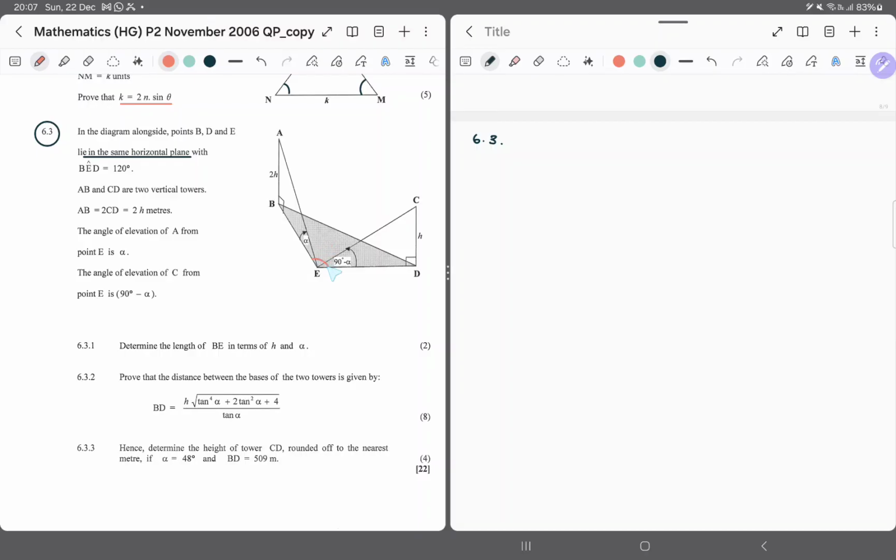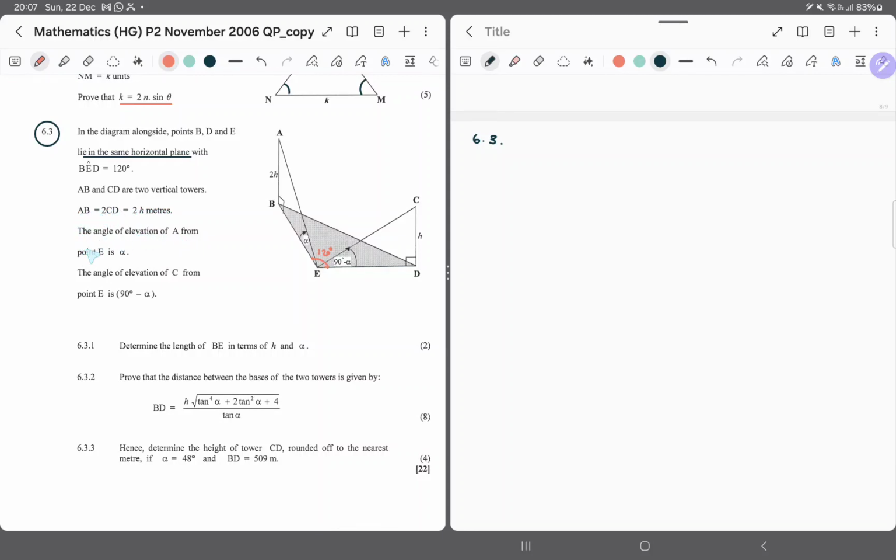That inside huge angle is 120 degrees. That's the only thing that's not indicated. And then we are told AB and CD are 2 vertical towers, and these are already indicated. AB is equal to 2 times CD. You can see this is H, 2 times H, already indicated.